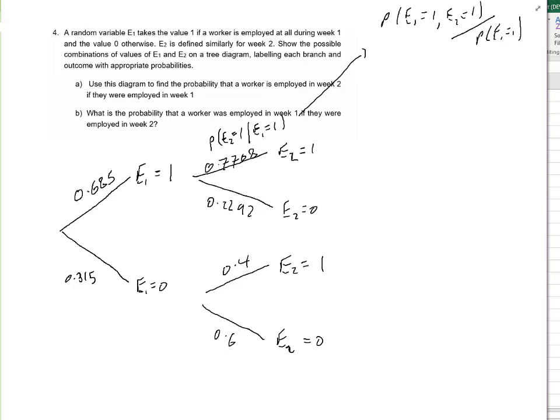Once you've got the diagram, use the diagram to find the probability the workers were employed in week 2 if they were employed in week 1. So what you're asking here is the probability that they were employed in week 2. So this has got to be 1 to indicate they were employed in week 2, given that they were employed in week 1.